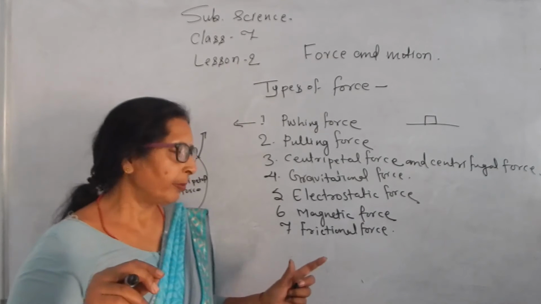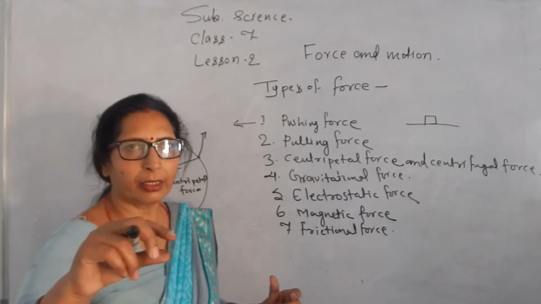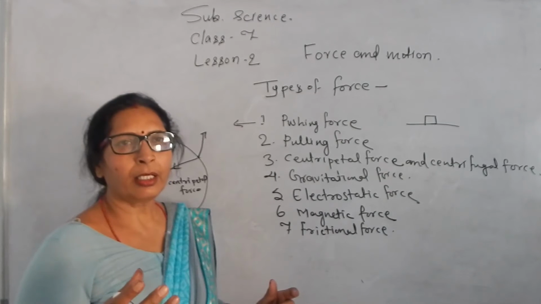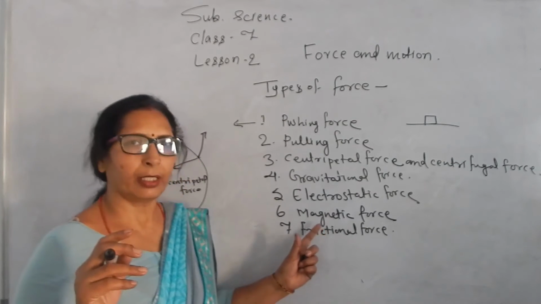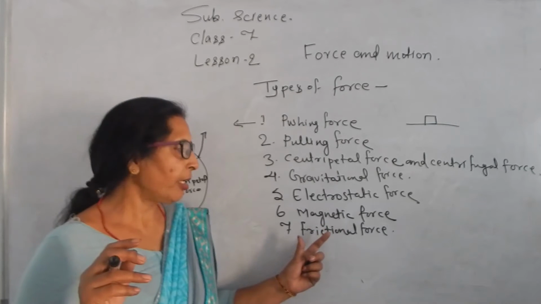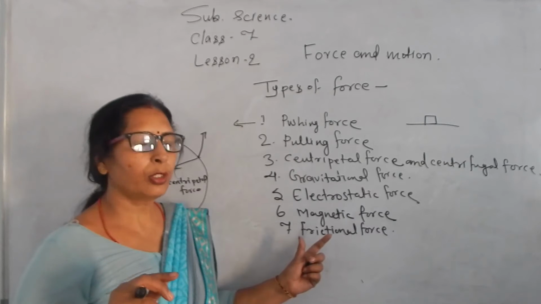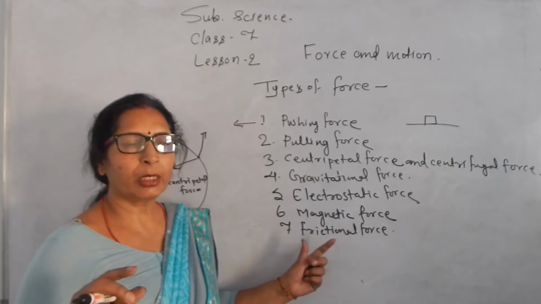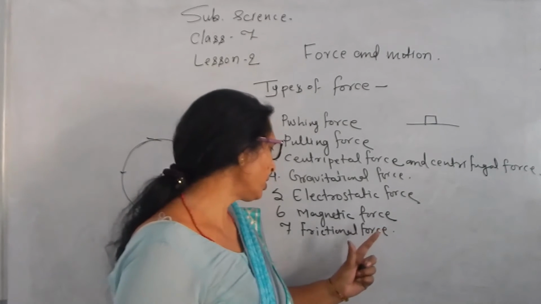Above the iron nails, you move the magnet. What will you experience? The iron nail is attracted towards the magnet. This property, or the force produced by the magnet due to which a magnetic body is attracted, is called the magnetic force.